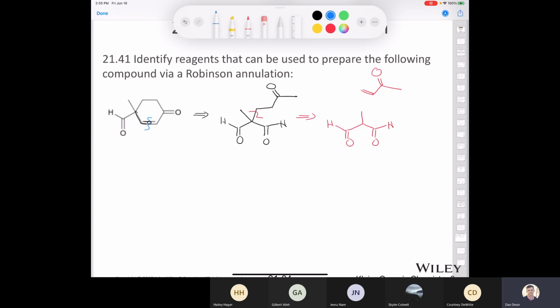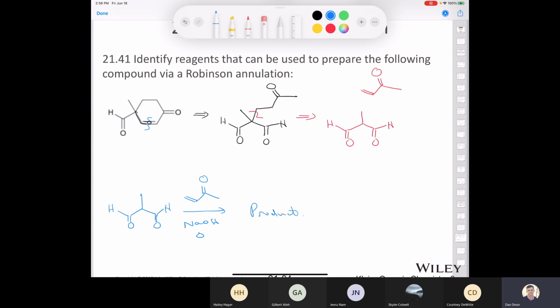So you literally just start with this compound, this dialdehyde, and we can draw it the same way it's drawn here. So we start out with the dialdehyde. We treat it with the Michael acceptor. We put it in sodium hydroxide. We cook it up, and that's going to give us the final product like that.